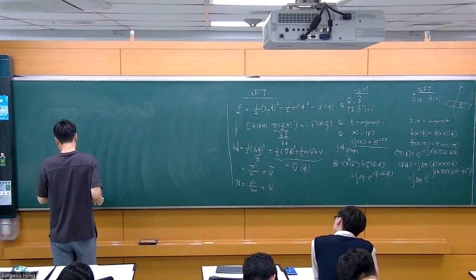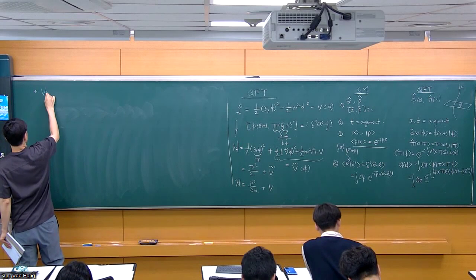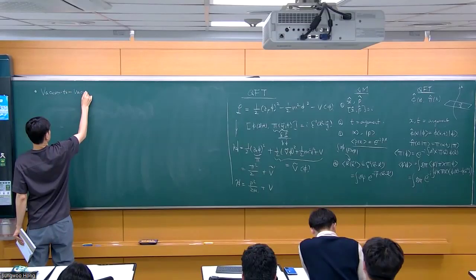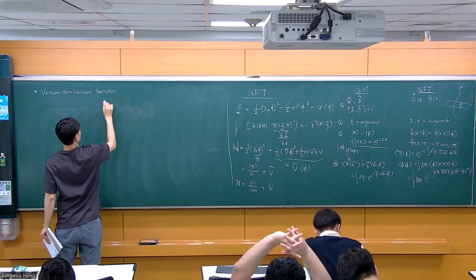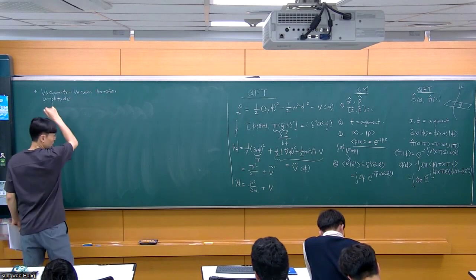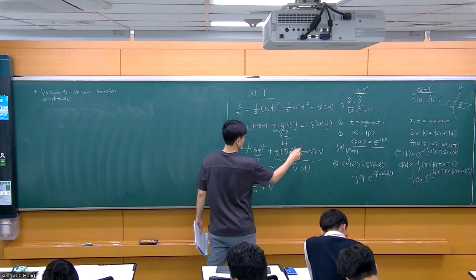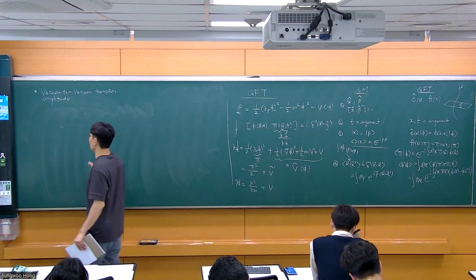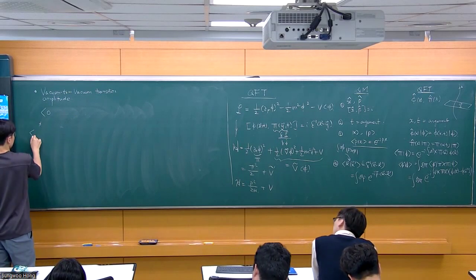So here in quantum field theory, we want to ask about the vacuum to vacuum transition. For now, let me pretend that I'm dealing with the free theory. I'm saying that because I'm going to use the notation 0 as opposed to omega.